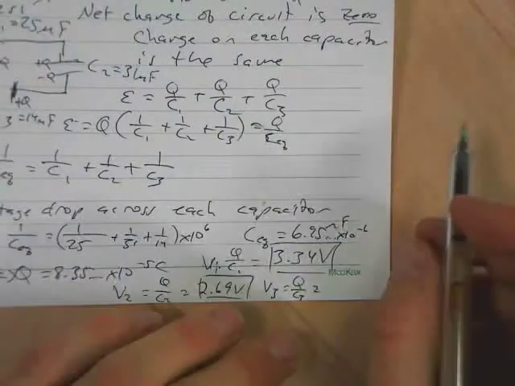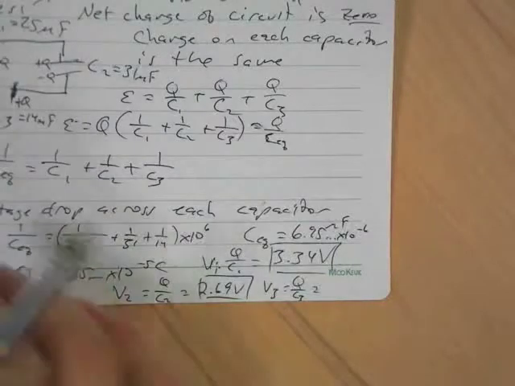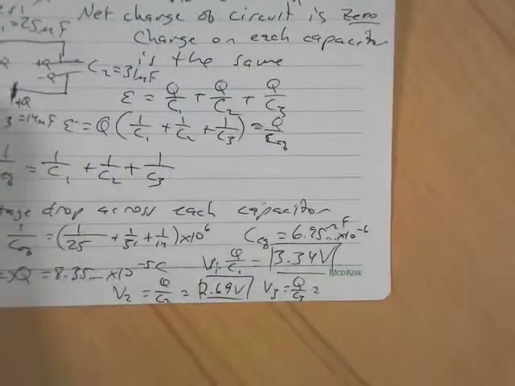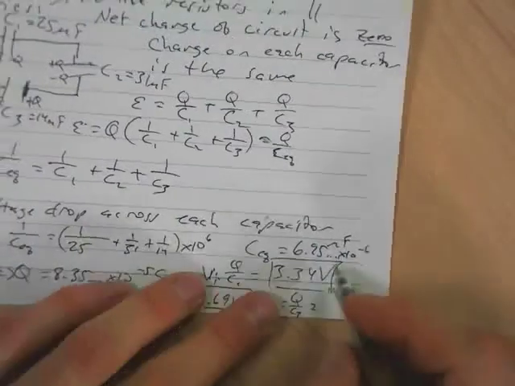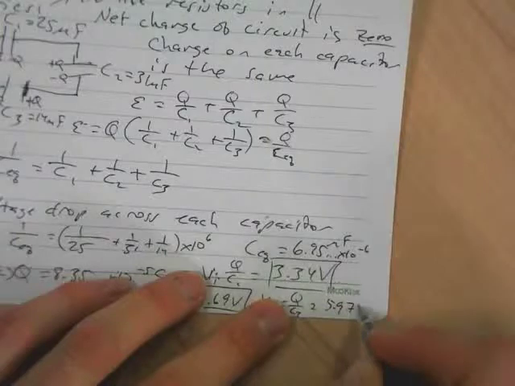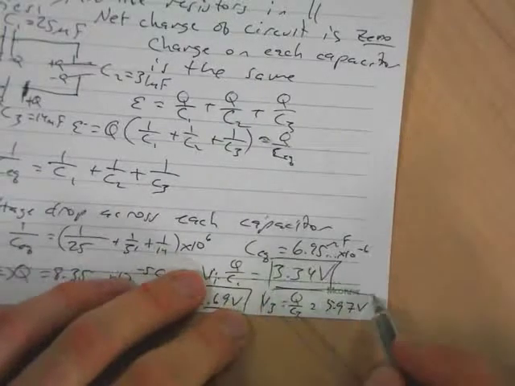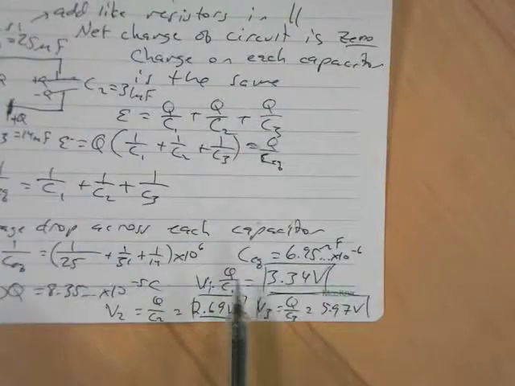I'm running out of space down here. Error syntax. I put a random parentheses in my calculator, and I didn't put parentheses at all. Okay, never mind. Which is 5.96, etc. volts.